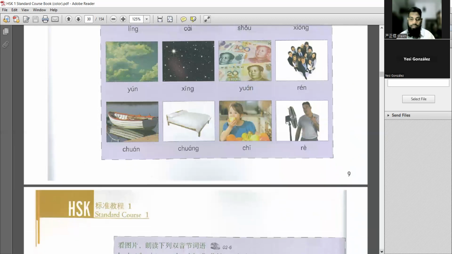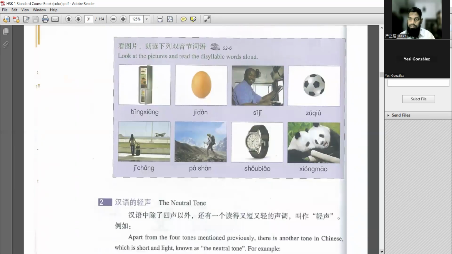Shou Biao means a wristwatch. We have just said it. And then we have Xiong Mao. Xiong Mao is a panda in Chinese. We have studied that Xiong is a bear, and Mao means a cat in Chinese. Xiong Mao is a panda.